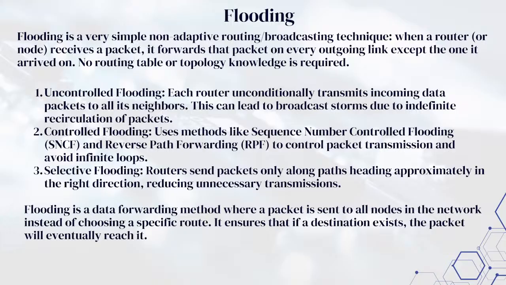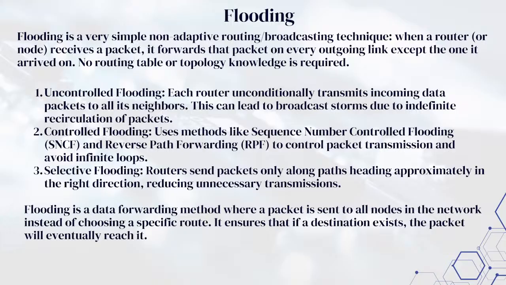Third one is selective flooding, which means routers send packets only along paths heading approximately in the right direction, reducing unnecessary transmissions, okay.